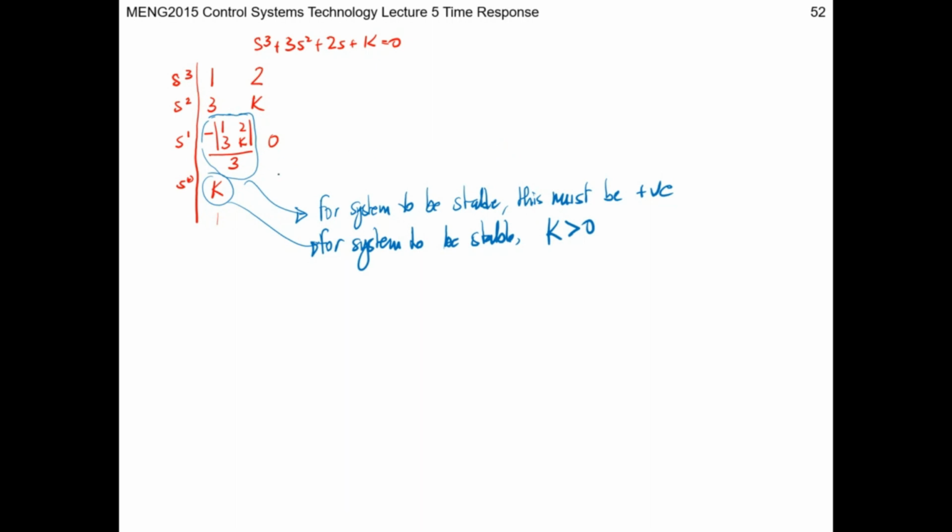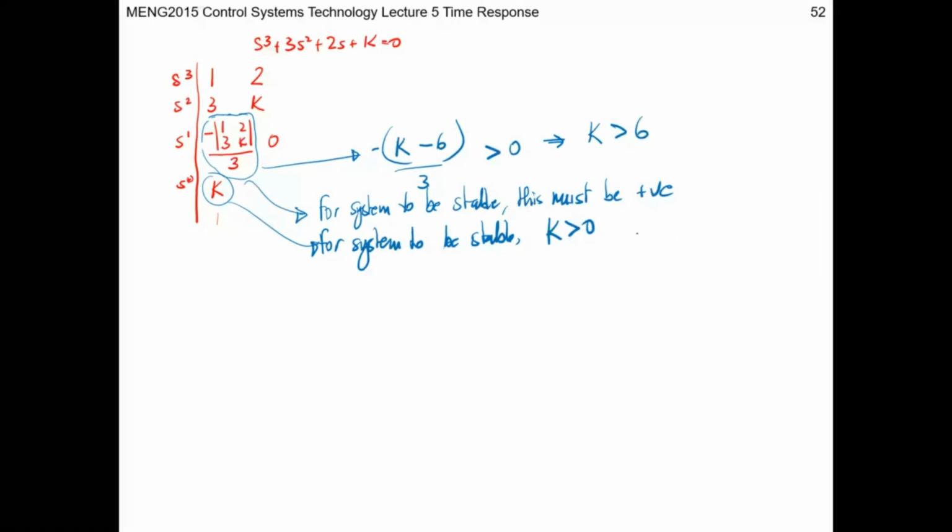Right, so let's take this determinant now. This determinant is going to give us (k minus 6) over 3 has to be greater than 0. Implies that k has to be greater than 6. Right? Sorry, k has to be less than 6.